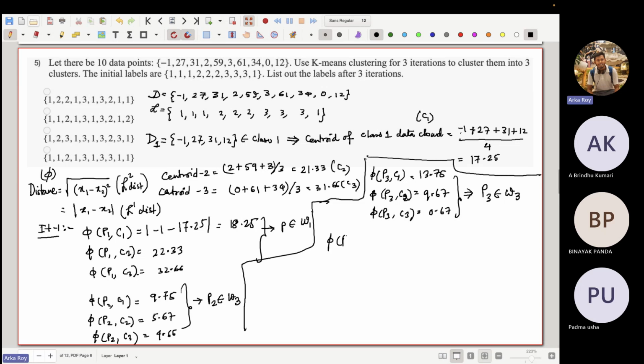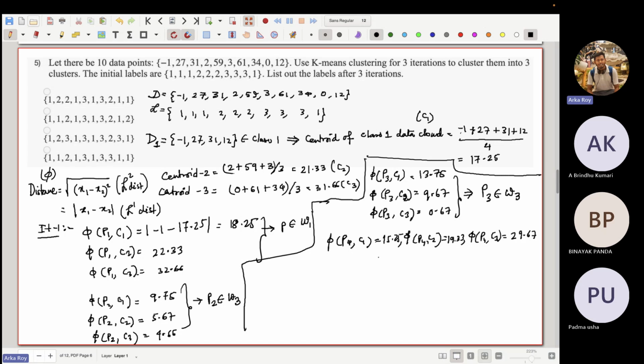Then phi of P4 C1, P4 C2, P4 C3 is equal to 15.25, then I got 19.33, then I got 29.67.